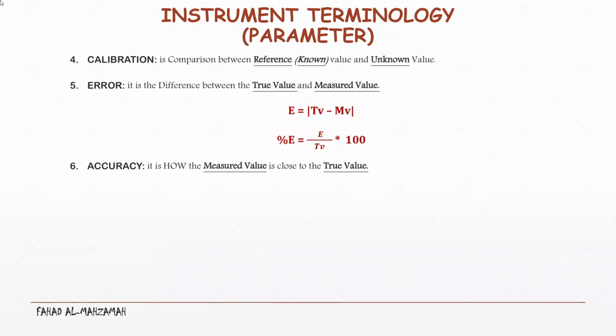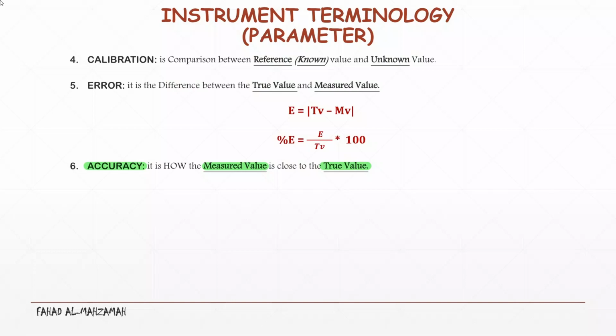The next term is the accuracy. Now we need to focus on the next two terms. This one is the accuracy. The accuracy is how close the measured value is to the true value.